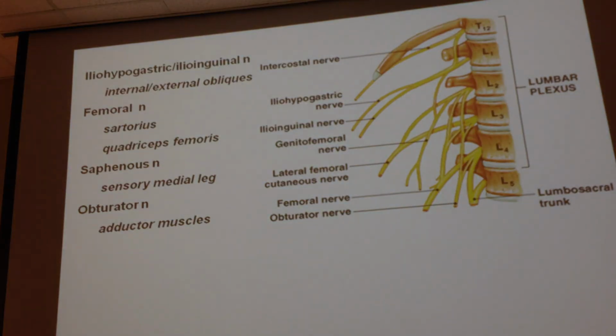Obturator nerve, that's what you would think. Obturator nerve passes through the obturator foramen, and it's the nerve, as we discussed already, to the adductor or medial thigh area. So these go over the top of the pubic bone. They're in, except for the obturator nerve. So they're in the anterior thigh and medial thigh.